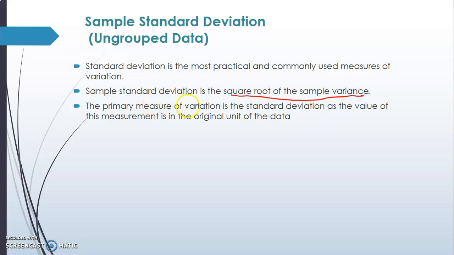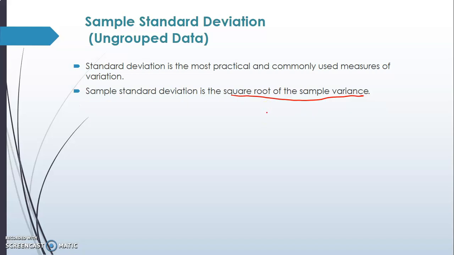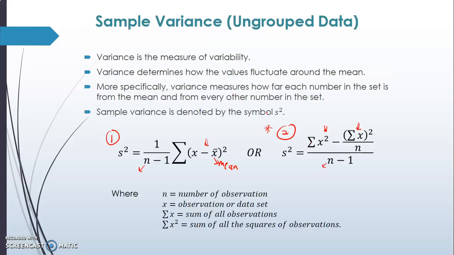The primary measure of variation is standard deviation because the value of standard deviation is in the original unit of the data. Okay. For variance, if you analyze the second formula here, to find the variance, we need total x square.